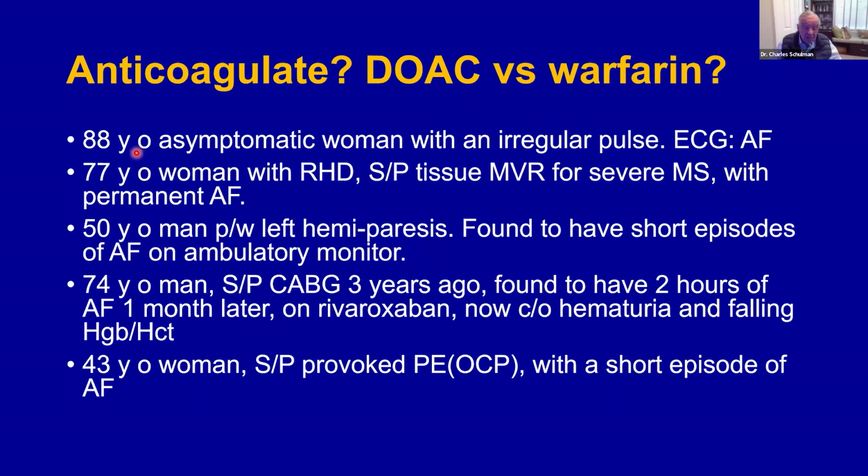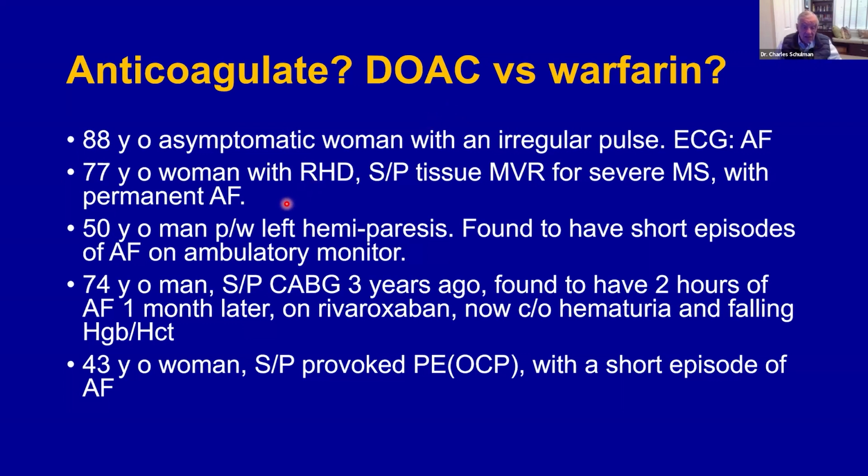This is a patient that saw me in the clinic, an 88-year-old asymptomatic woman with an irregular pulse. Her ECG showed atrial fibrillation. Should we anticoagulate her? The answer is yes. And so we prescribed apixaban, one of the direct oral anticoagulants.